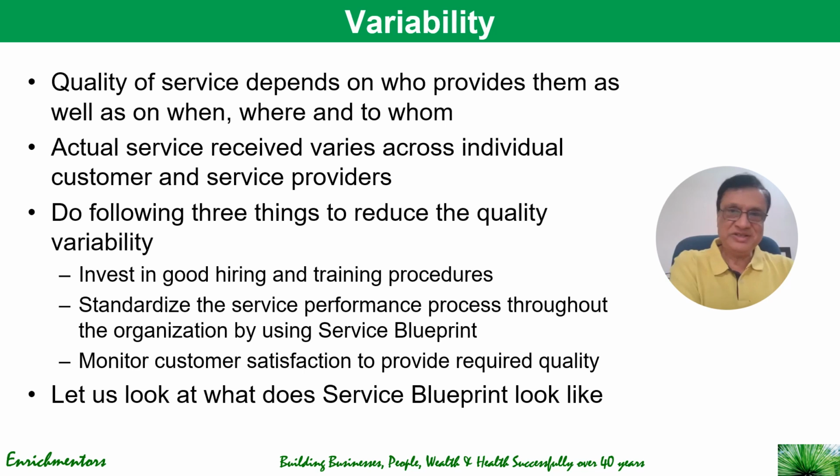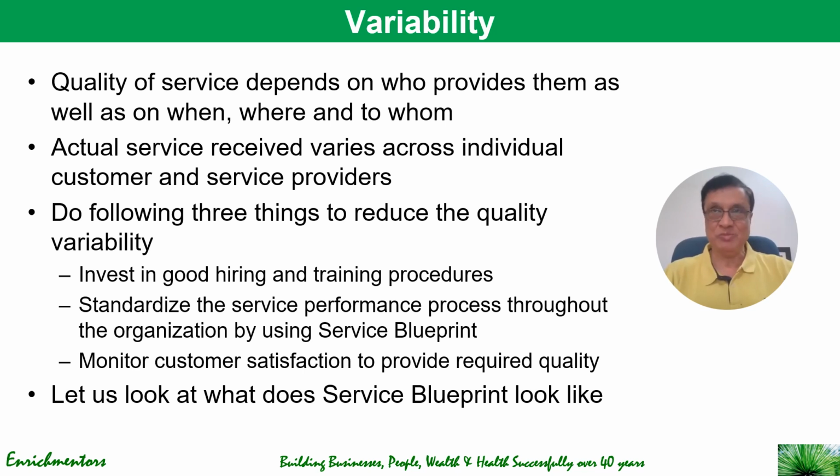The third element is variability. The quality of service depends on who provides them, as well as when, where, and to whom. So the services received vary across individuals, customers, and service providers. The same service differs. Now, there are three things that you can do to reduce the service variability. Invest in good training procedures as well as good hiring.